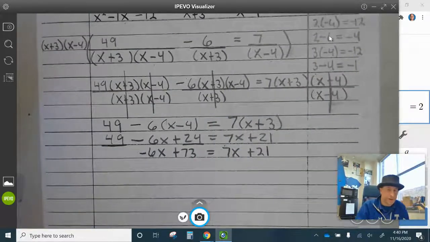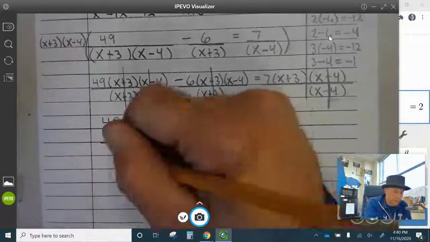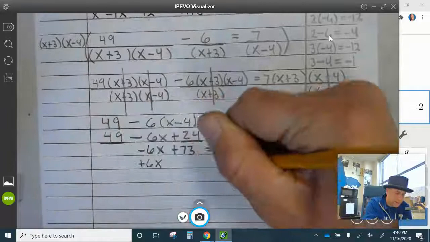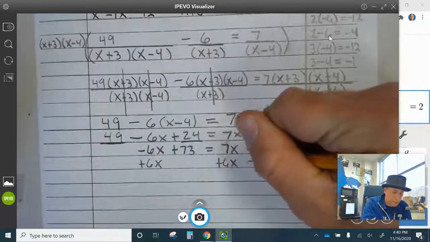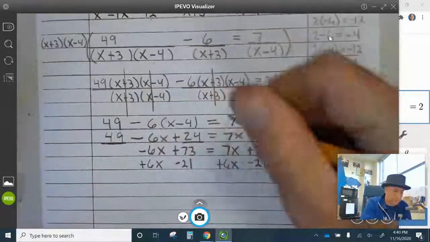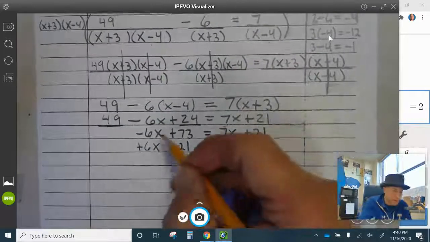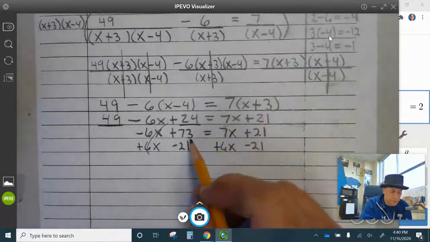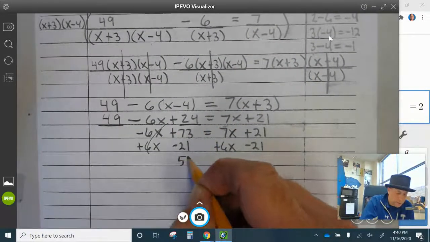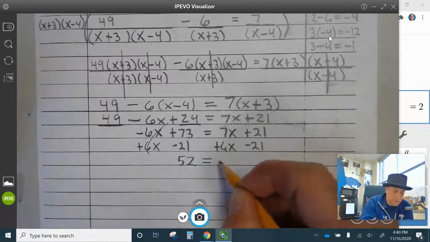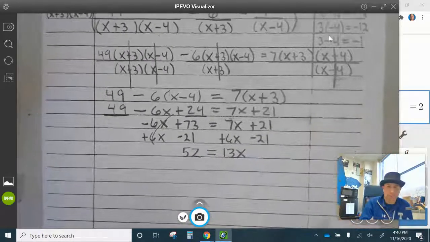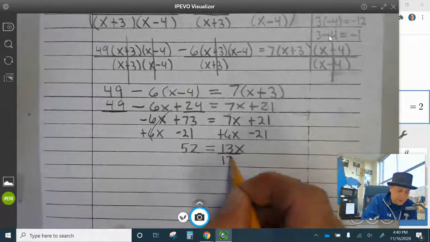Okay, now we want the x's on one side and the numbers on the other. So we're going to add 6x to both sides and subtract 21 from both sides. Okay, you do that, the x's cancel. You're left with 52 equals 13x. Let's divide both sides by 13.